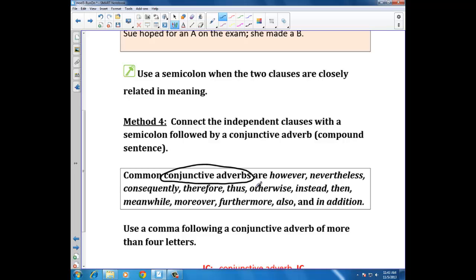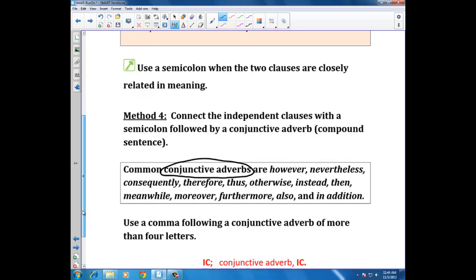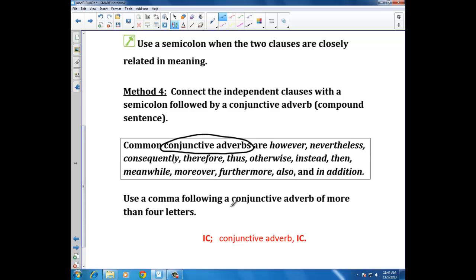No fanboys is composed of a word of more than 3 letters. All conjunctive adverbs have more than 3 letters. What you're going to do is use the comma following a conjunctive adverb of more than 4 letters.